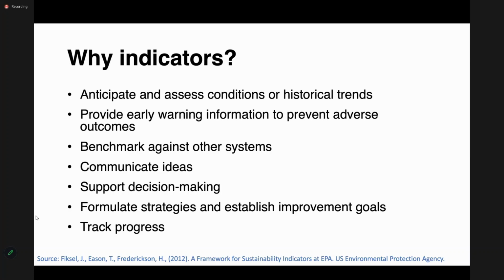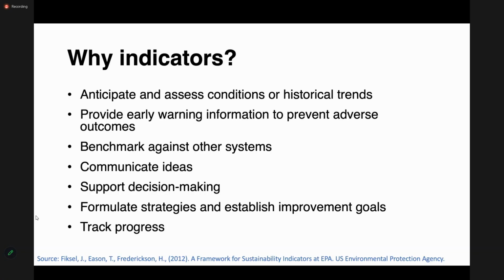So rather than saying we need to implement social sustainability, when you have certain indicators and targets to achieve, it's easier to communicate. It's clearer what exactly we need to aim for.